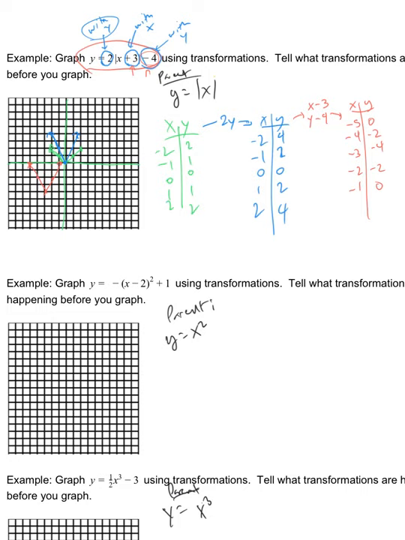All right, so let's do the second example. So again, we're going to start by drawing the parent graph. The parent graph this time is y equals x squared. I'm squaring these to get the y values.